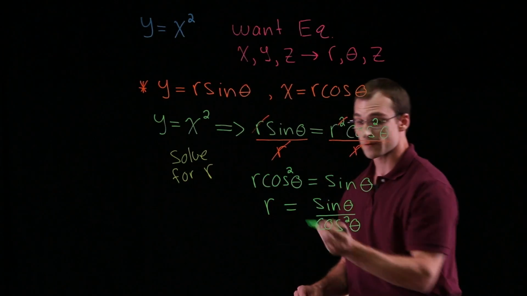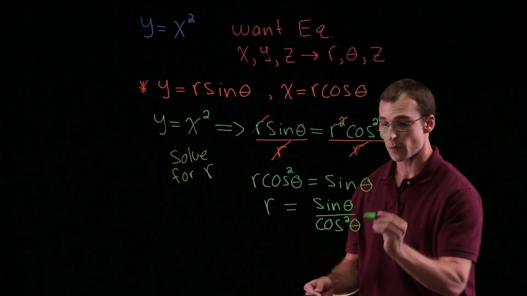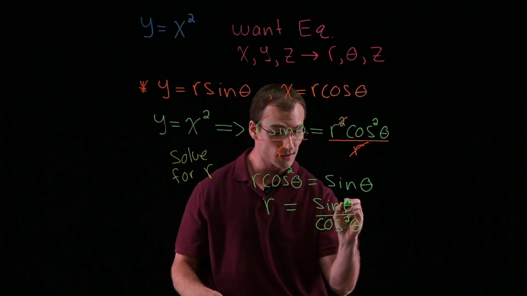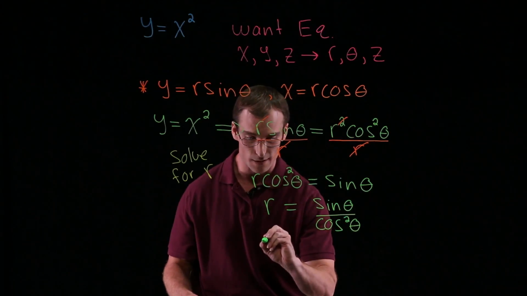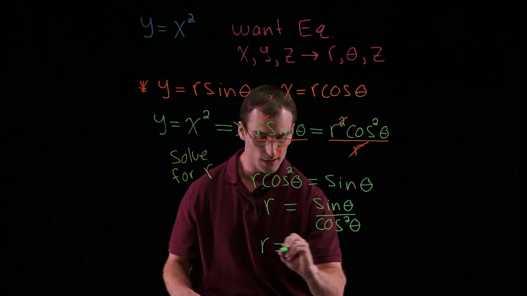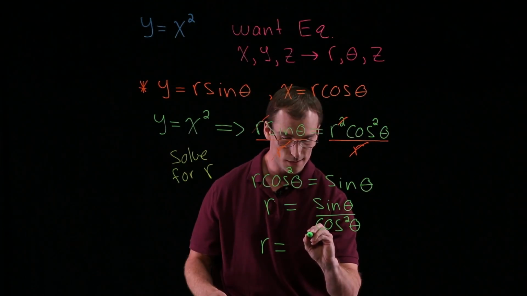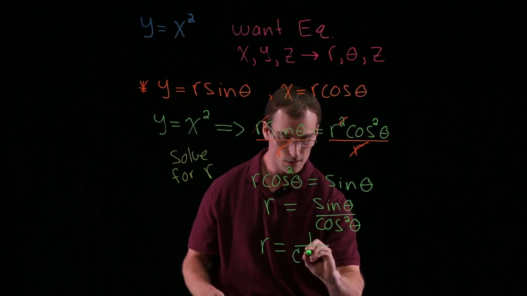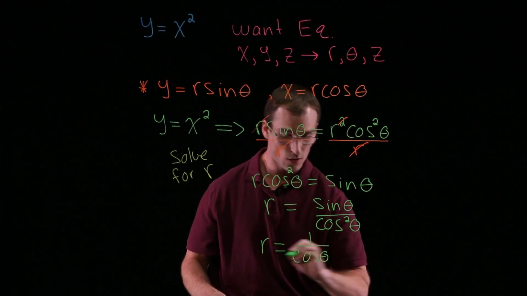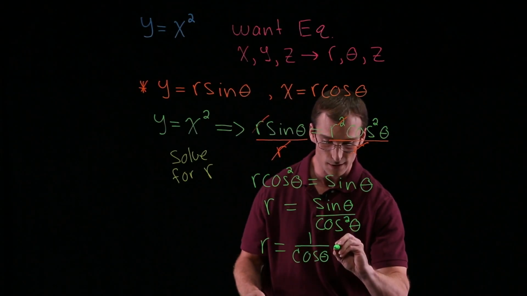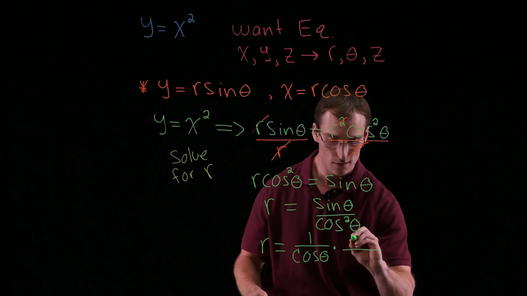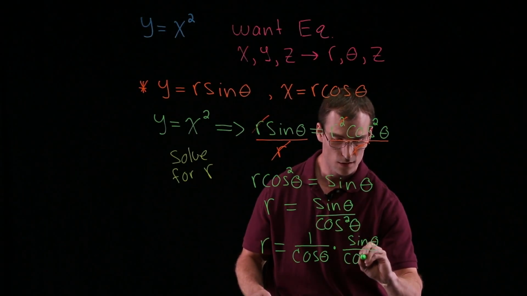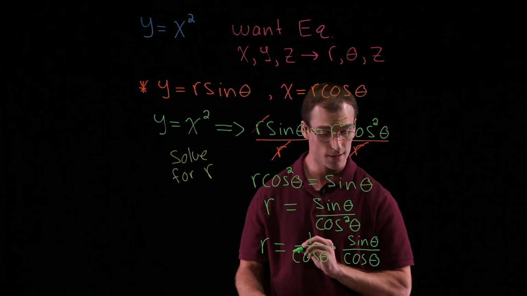Now, like I said, we want to solve it for r. Again, we could say we're done, but we'll clean this up a little bit more. So sine divided by cosine squared theta, we can factor the bottom a little bit and write this as r is equal to 1 over cosine theta times sine theta over cosine theta.